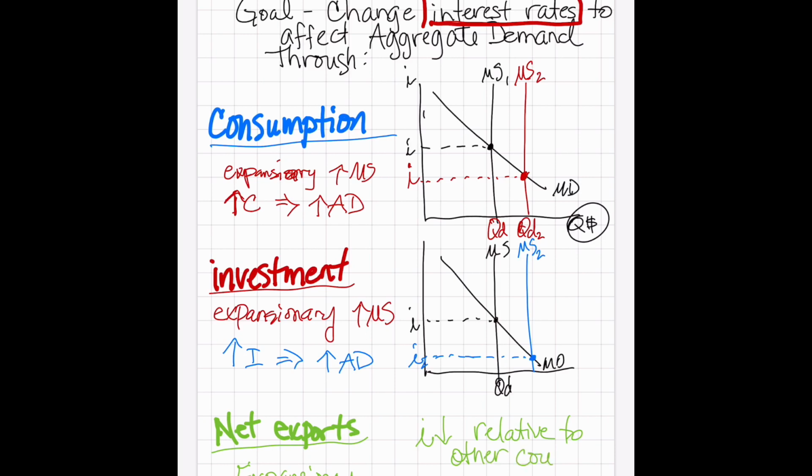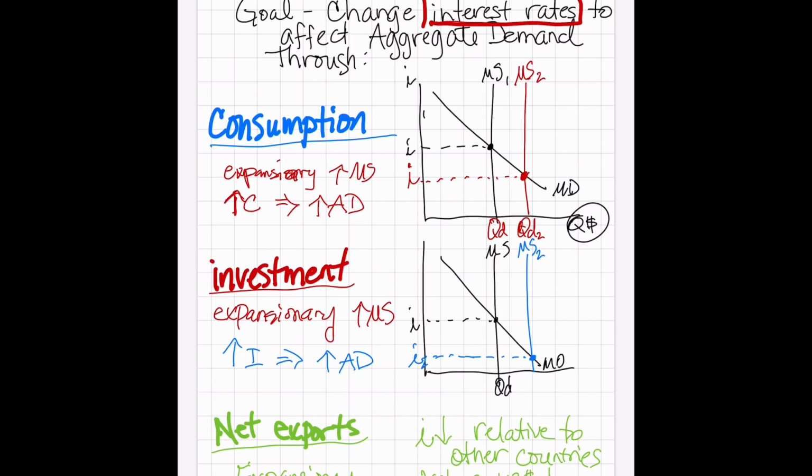the effect here is one of a change of imports. So if the interest rate is lower relative to other countries, and the value of the US dollar falls, which we always think of as, that sounds bad, right? The value of the US dollar is low. No, the US dollar value being low actually increases exports and decreases imports, because relative to the American dollar, now other people in other countries can afford to buy our goods more easily.